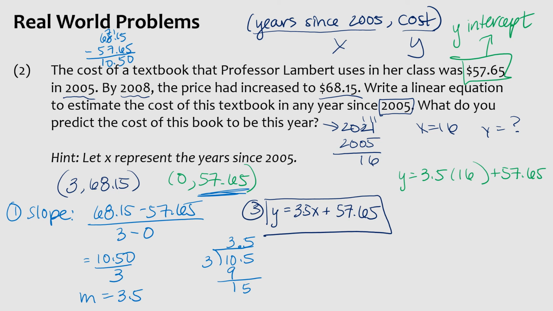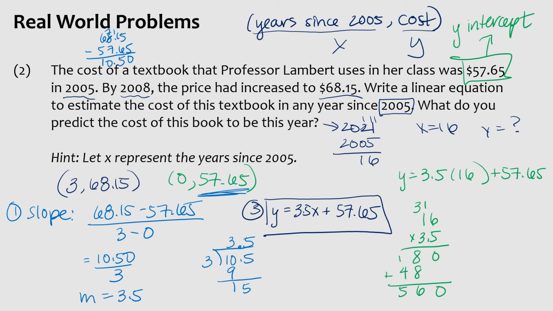Okay, so 16 times 3.5. So that would be 30, 5, 6, 7, 8. 3 times 6 is 18. And then that's 3, and then a 4. So adding all these up, I have 0, 6, 5.